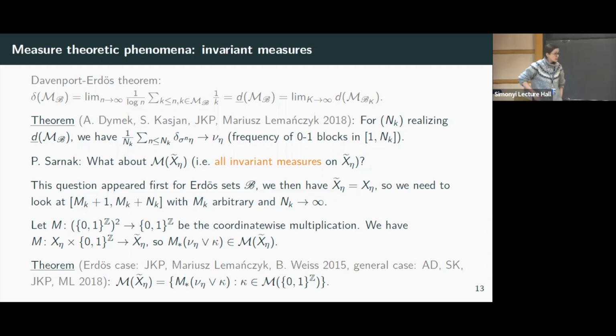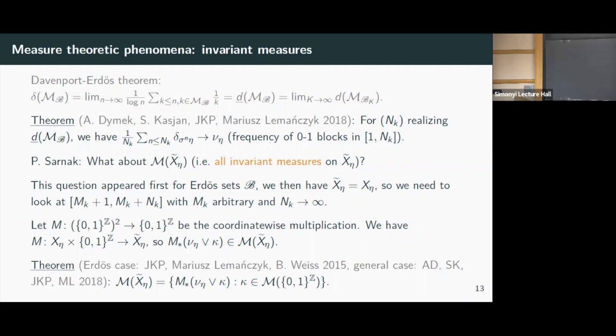However, there is a way to produce more invariant measures once you have this one. So you have this map M, coordinate-wise multiplication. So if you look at the image of B-free system times 0,1 shift, this lands in the hereditary closure. So if I take some invariant measure here, and I know one, if I take, well, whatever I want here, and I join it in whatever way I want, maybe the product way, if you don't have other ideas, but there might be more ways to join these two measures.